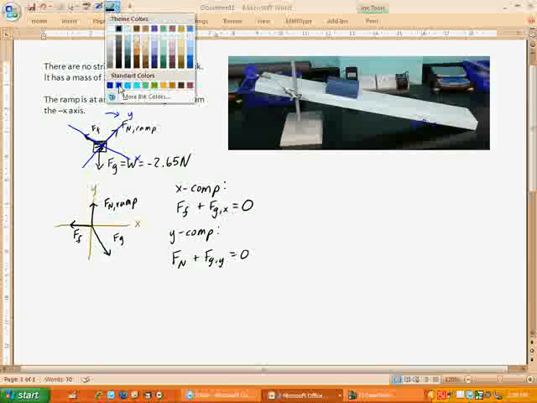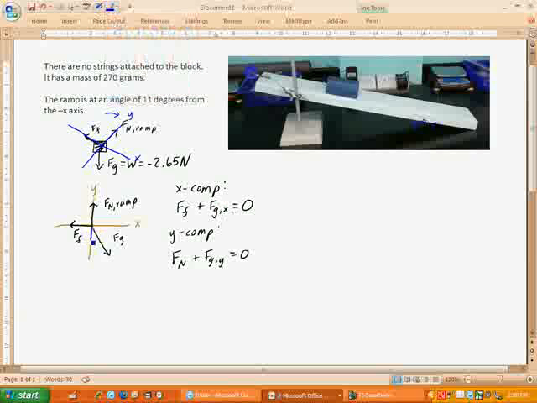Okay, and so we'll do that just by using trig, right? There's the y, there's the x, and we know that the angle is the angle of how far I've tilted my axis, which was 11 degrees. Okay, the force of gravity is still negative 2.65. And so I should be able to use trig now to solve for the x and y components.